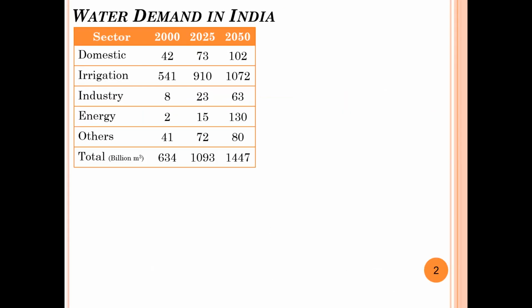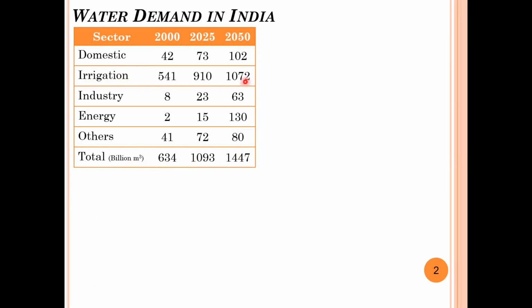Before going into the actual technical details, we need to understand the water demand. RO and other techniques are getting popular mainly because of the water demand. I put a table showing the water demand in India for the years 2000, 2025, and 2050. You can see this is the billion cubic meters of water required every year, so it is nearly doubling.